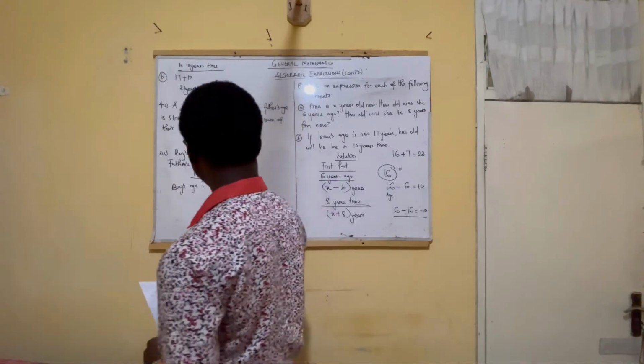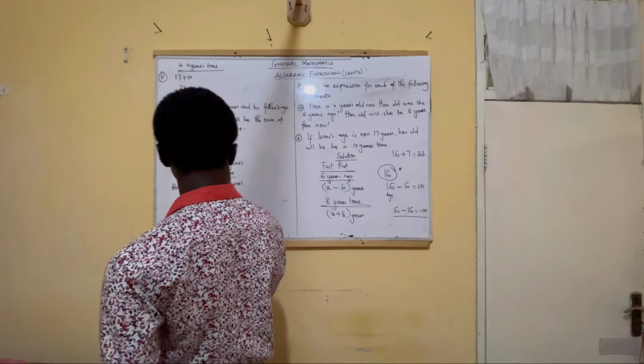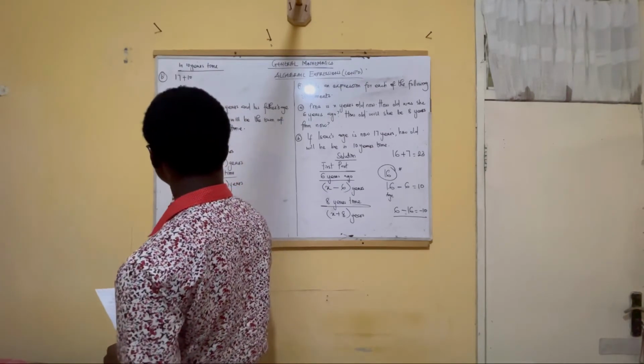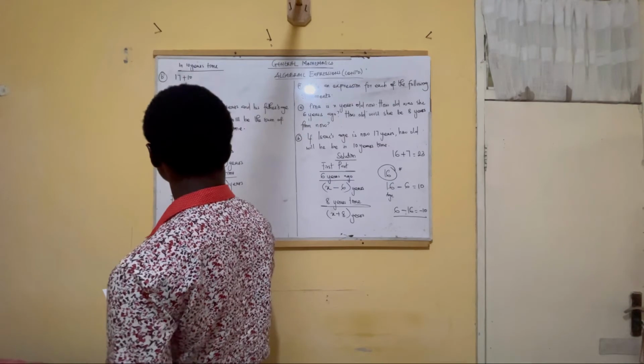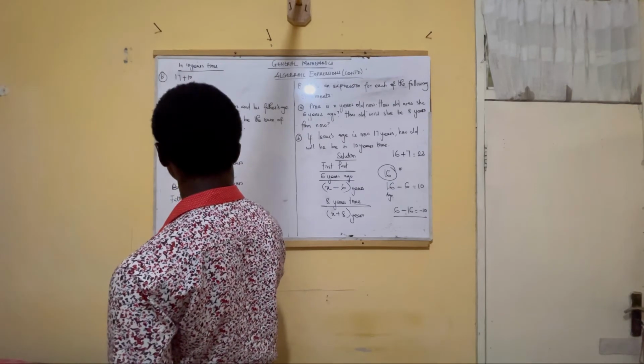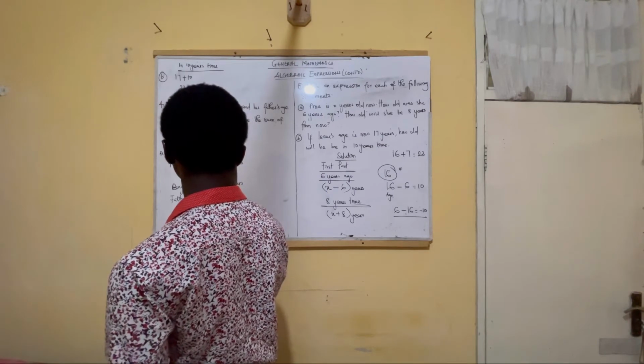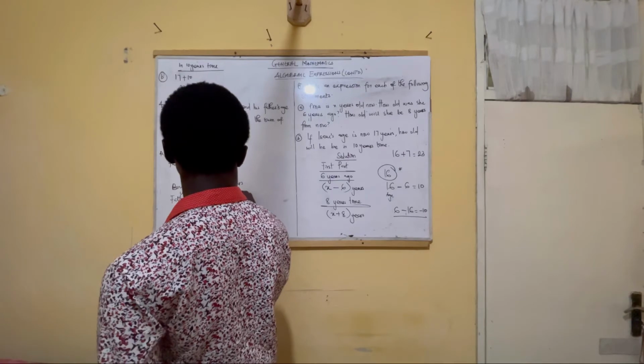Of course, age is in years. Now, what will be the father's age? Mind you that the father's age is currently 5x. So in 1 year's time, the father's age is going to be 5x plus y.